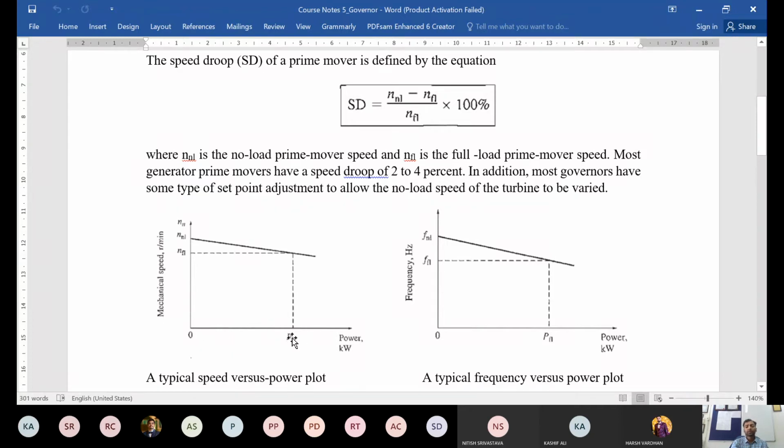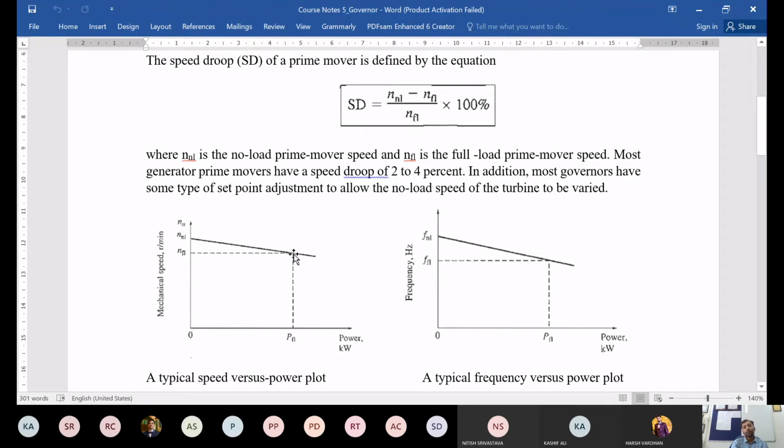This point, PFL, is the full load power rating, or the rated power of the machine. At this point, whatever the speed is, that is the full load speed. So at the rated value of power, the machine will be operating at this particular operating point on the speed droop curve.